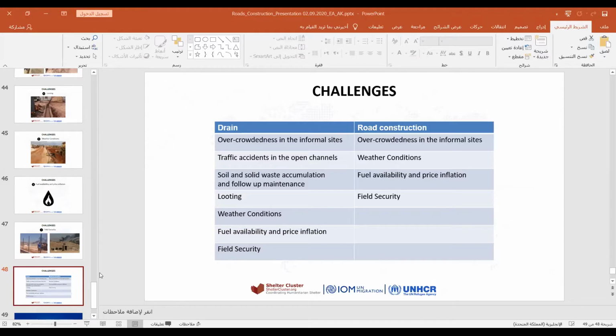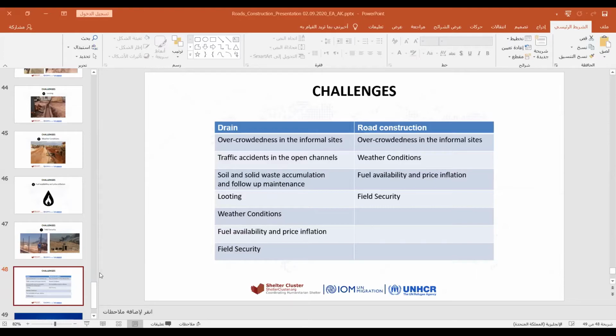If you want to implement the standards or the minimum criteria used during road construction, they are not taking into consideration that road construction in camps is of high cost. It's not $1,000 or $2,000.